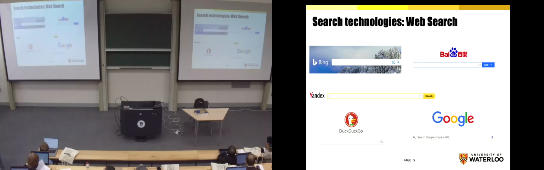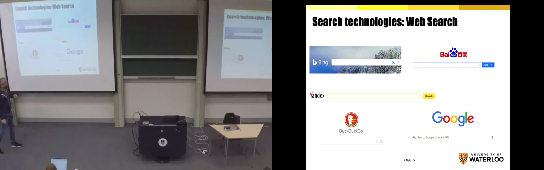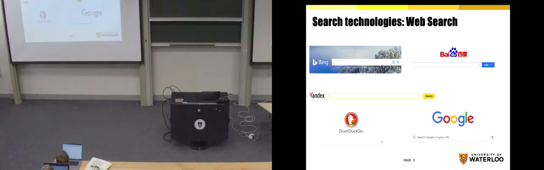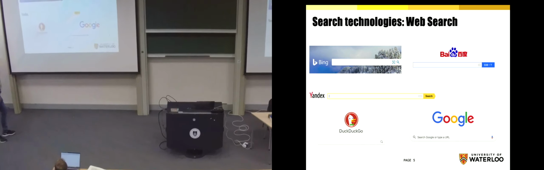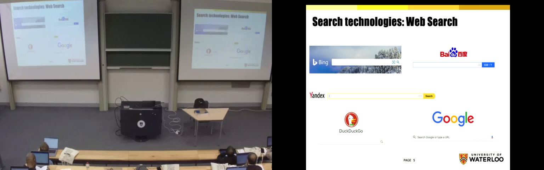Around the world, though, there's lots of search engines. If you're in China, Baidu is the search engine, one of the search engines available, although a lot of stuff happens on WeChat. If you're Russian, Yandex is the search engine there. That's local to that. There are not a lot of regions that have their own search technologies.